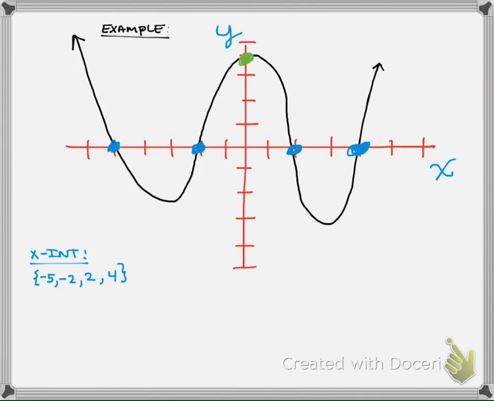So these are all of my x-intercepts. So we're going to put x is equal to each one of these values. The y-intercept, put on this side here.